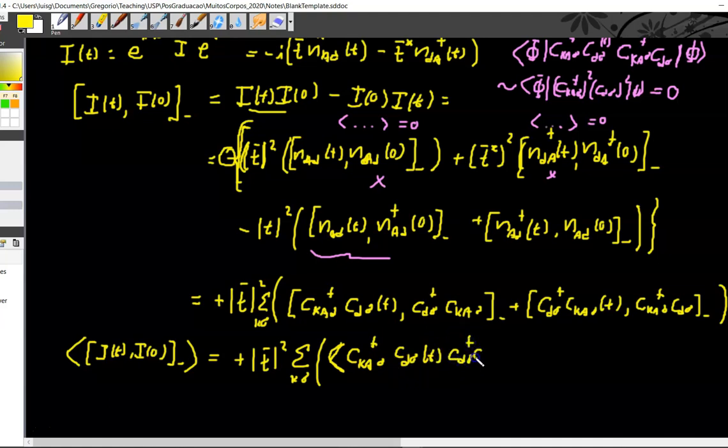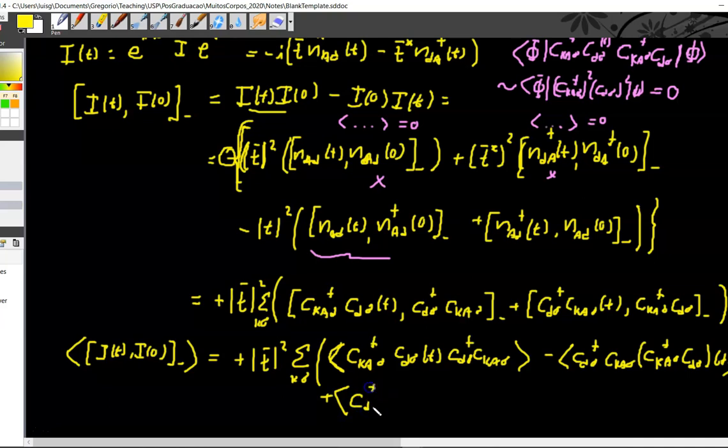CD sigma, CKA sigma, minus the opposite would also be something like CD sigma CKA sigma, CKA sigma, all these at time T, plus the same thing here, right? Something like that.